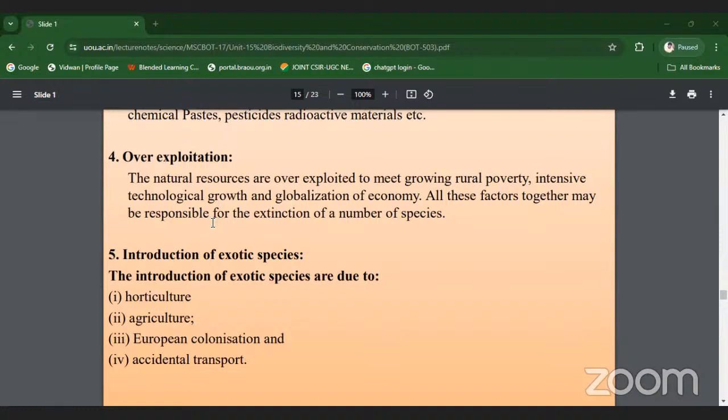All these factors together are responsible for the extinction of a number of species. Over exploitation is another important factor.